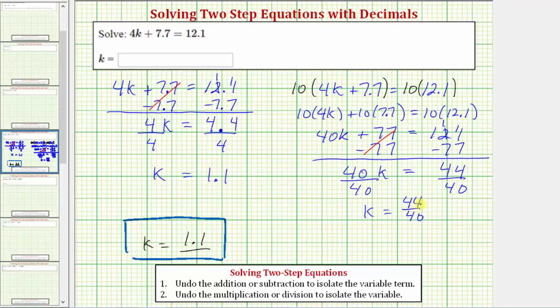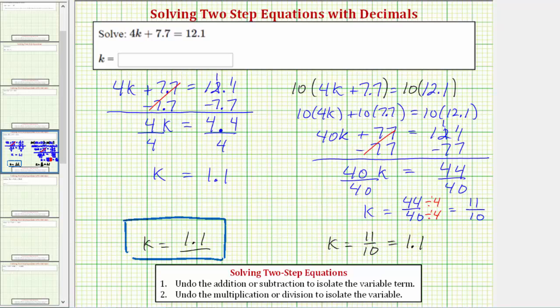The greatest common factor between 44 and 40 is 4. So to simplify, we divide the numerator and denominator by 4. 44 divided by 4 is 11. 40 divided by 4 is 10. So as a fraction, the solution is k equals 11/10, which equals 1 1/10, as a decimal is 1.1.